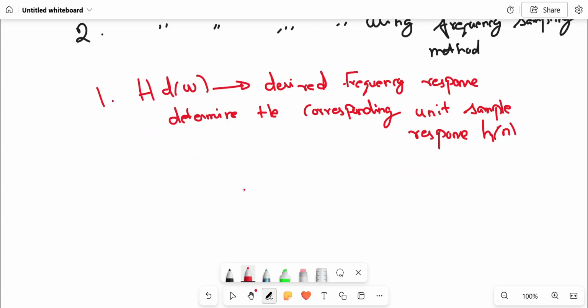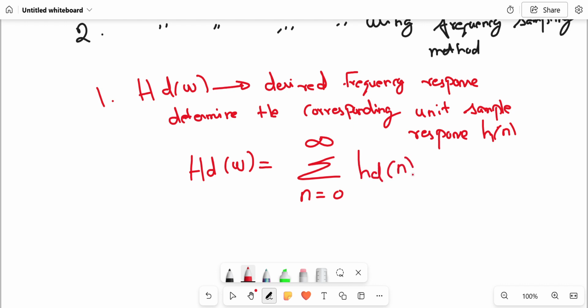Mathematically, the desired frequency response is given by HD of omega equals the summation of n equal to 0 to infinity of HD of n, the unit sample response, times e power minus j omega n.